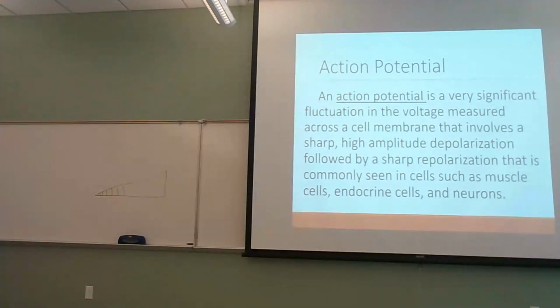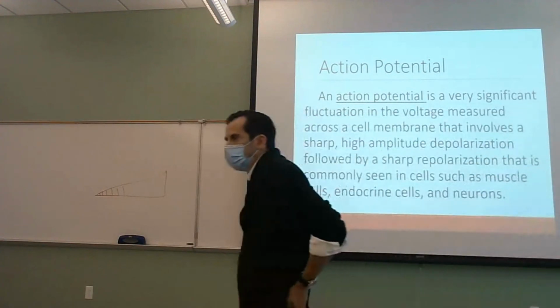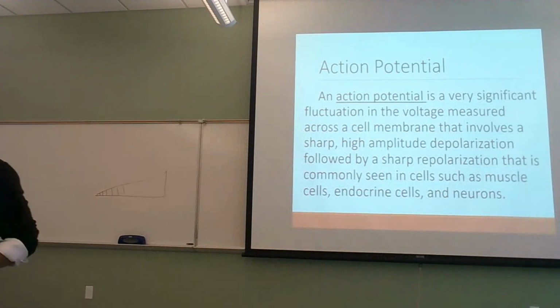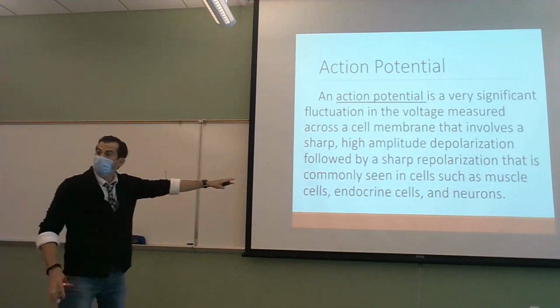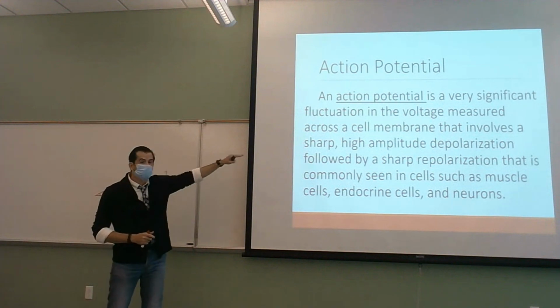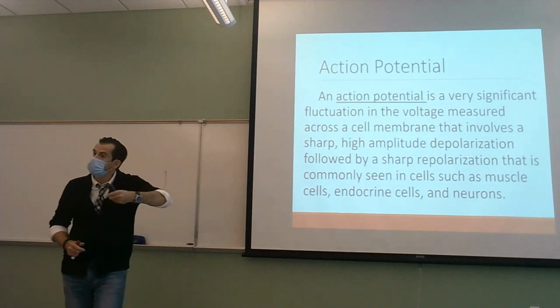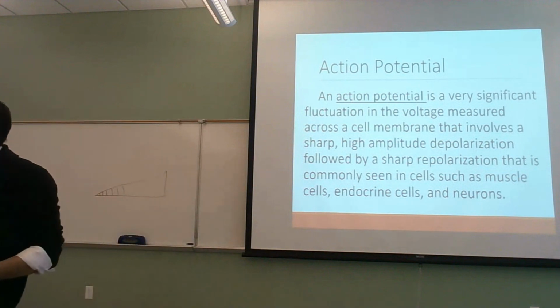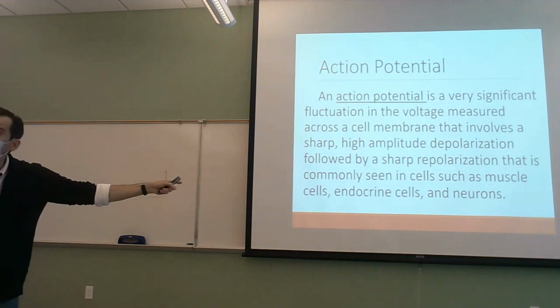So an action potential is a rubber stamp, only created by the opening of voltage-gated channels. They're the same every time. And because the voltage-gated channels have that threshold, these need to reach a certain voltage in order for us to get an action potential to occur. And once it starts, there is no stopping it.